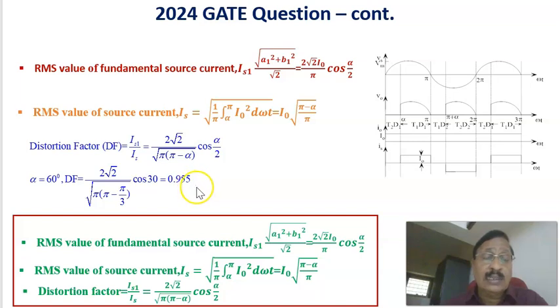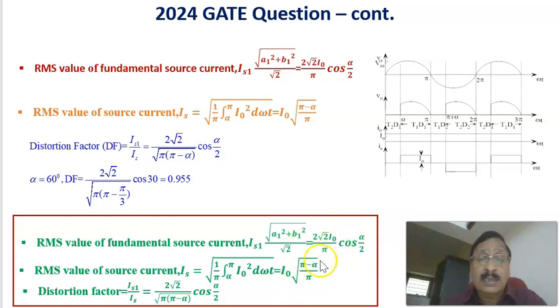The answer is 0.955. In order to remember this, rather than deriving it, just remember that the RMS value of the fundamental equals 2 root 2 by pi I0 cos alpha by 2, corresponding to firing angle alpha in a semi-controlled rectifier. The RMS value of the total source current is I0 into root of (pi minus alpha) divided by pi.